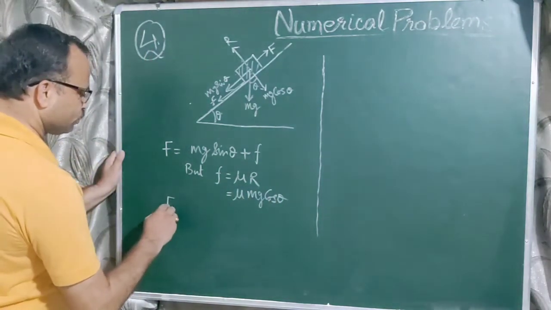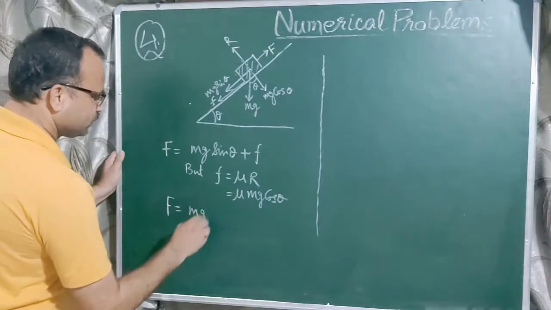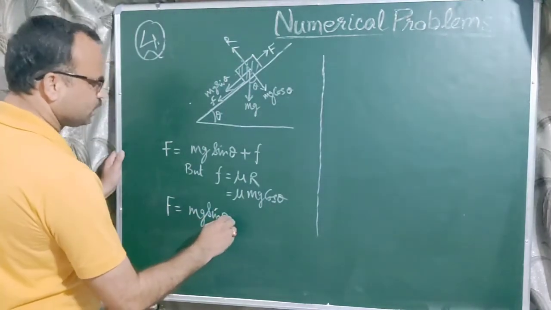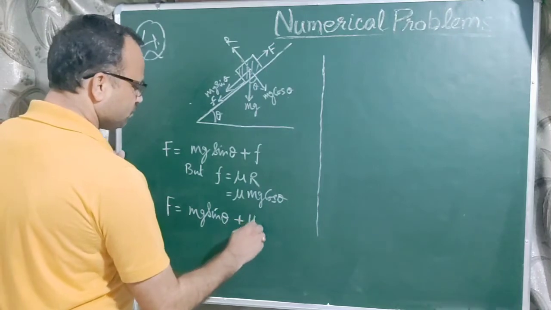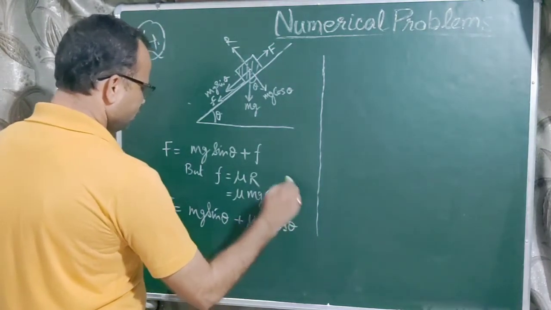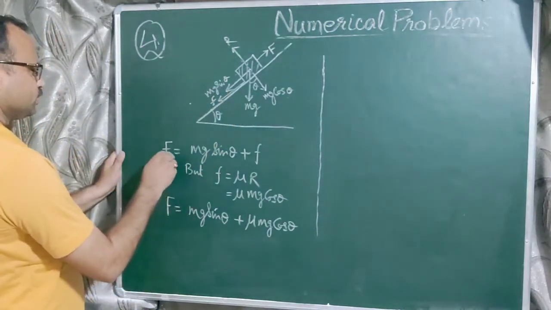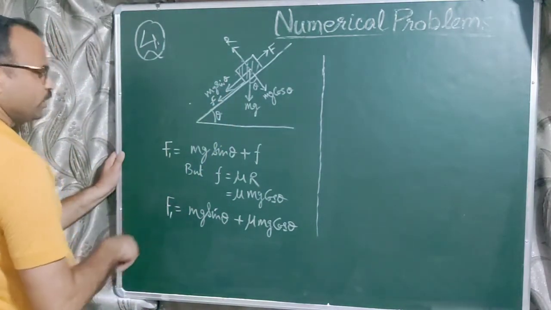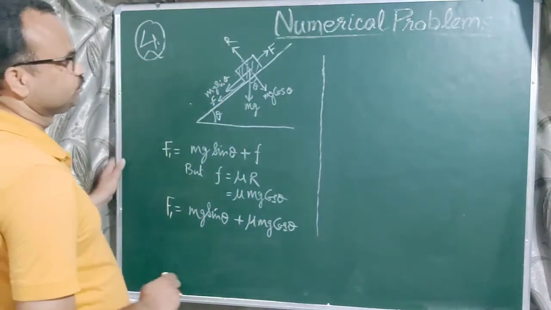So the applied force is equal to mg sin theta plus mu mg cos theta, right? This force is denoted by F1 in the question.